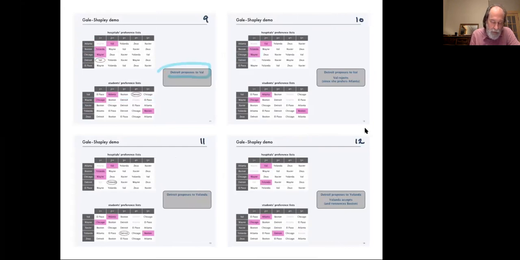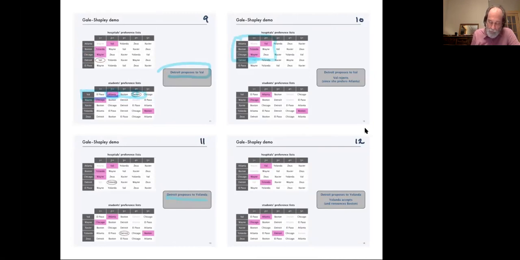Now, of course, Val is already matched with Atlanta, and Val prefers Atlanta to Detroit, so she rejects Detroit's offer. Nothing changes with the matching, but we do note that Detroit essentially removes Val from their list.